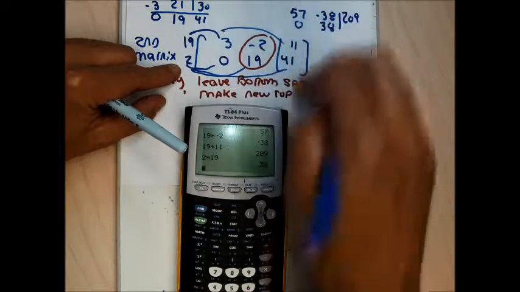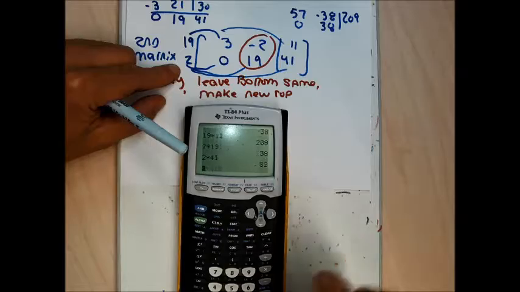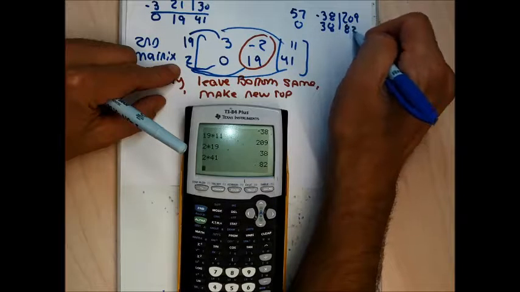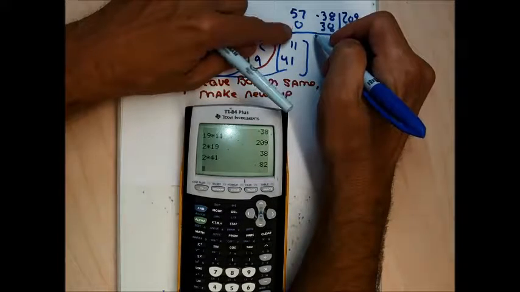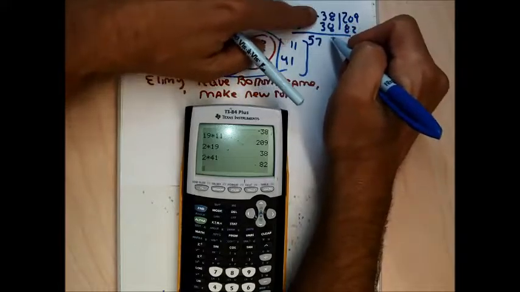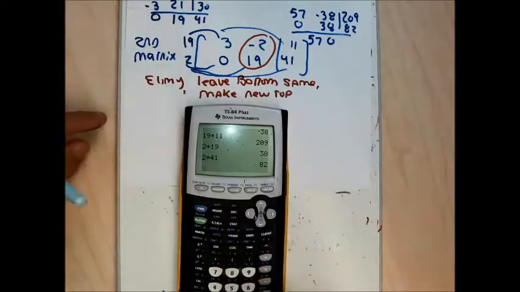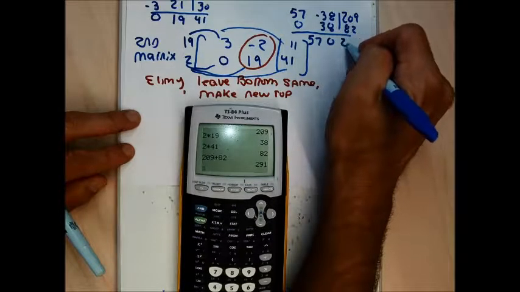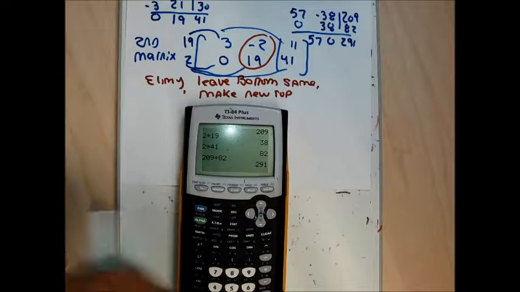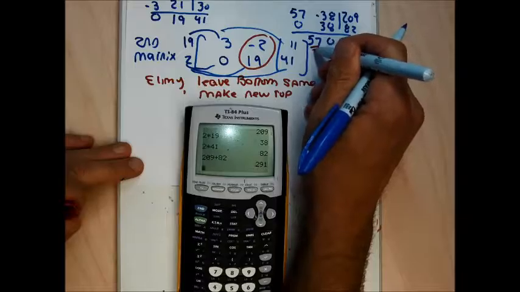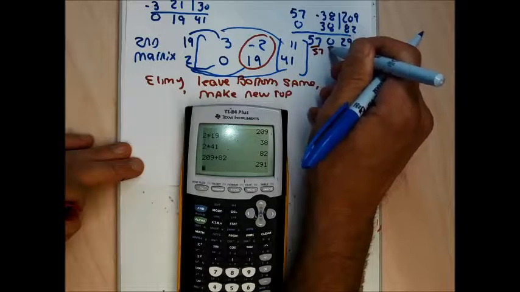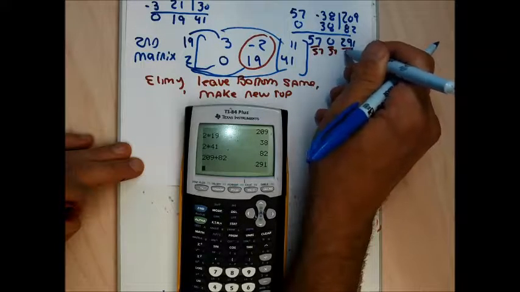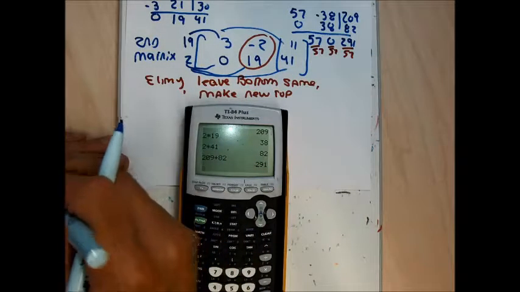And 2 times 41 is 82. Combine. 57 plus 0 is 57. The 38s cancel. And 209 plus 82 is 291. I can go ahead and divide this and see what happens. So I'm going to divide by 57, divide by 57, divide by 57.